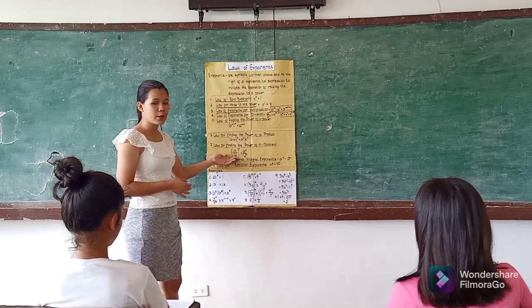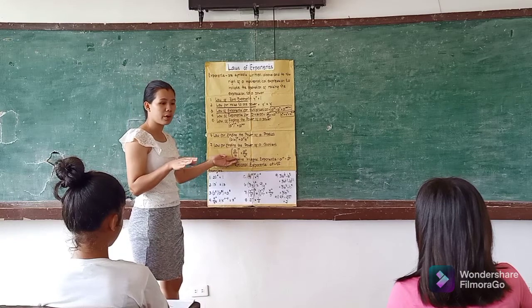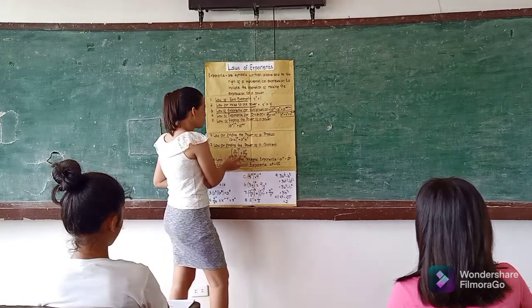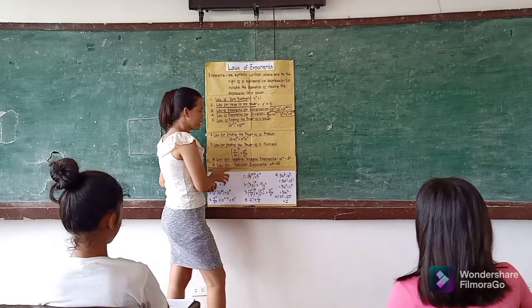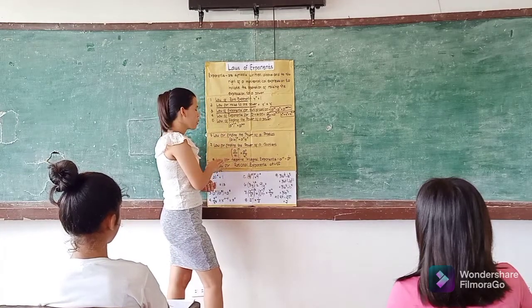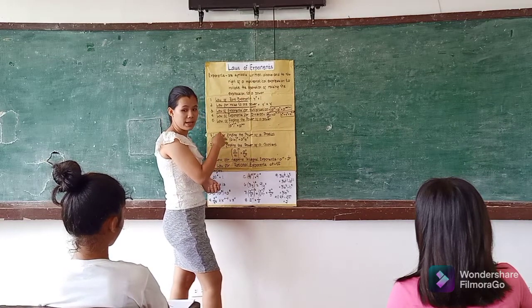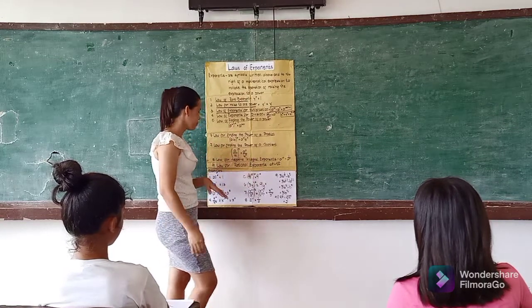In the power of a quotient, you also distribute your exponent to the variables. So the quantity of a over b raised to n is equal to a to the n over b to the n.